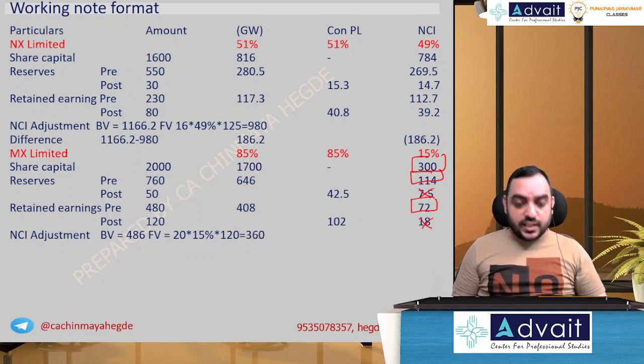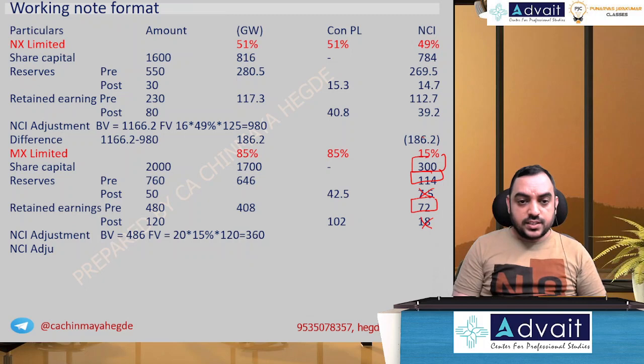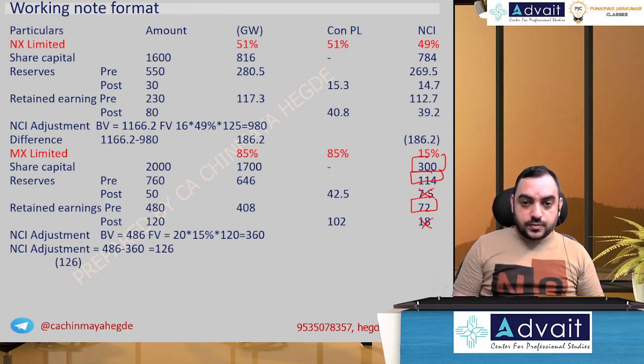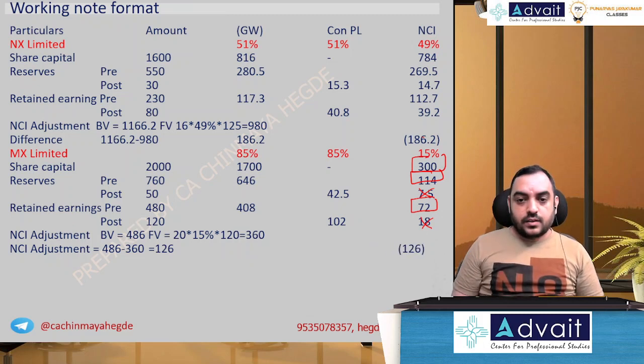Again, fair value is less. So NCI adjustment difference, 486 minus 360, which is 126. Fair value is less, so I subtract in NCI 126, and I will add in goodwill.